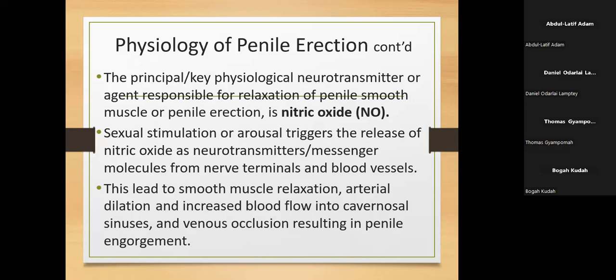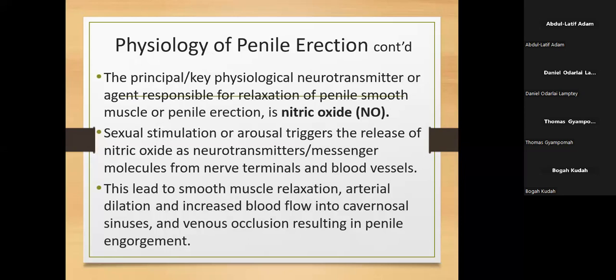So it is these neurotransmitters, and the key neurotransmitter here is nitric oxide. Once it is released by the neurons, it will also cause a secondary messenger called cGMP, cyclic guanosine monophosphate, to cause the muscles to relax.